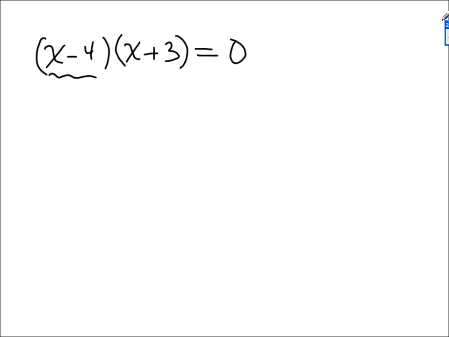Well, I just underline the things that are being multiplied. It's the first bracket times the second bracket equals 0. So either x minus 4 equals 0, the first factor is 0, or the second factor, x plus 3 equals 0.